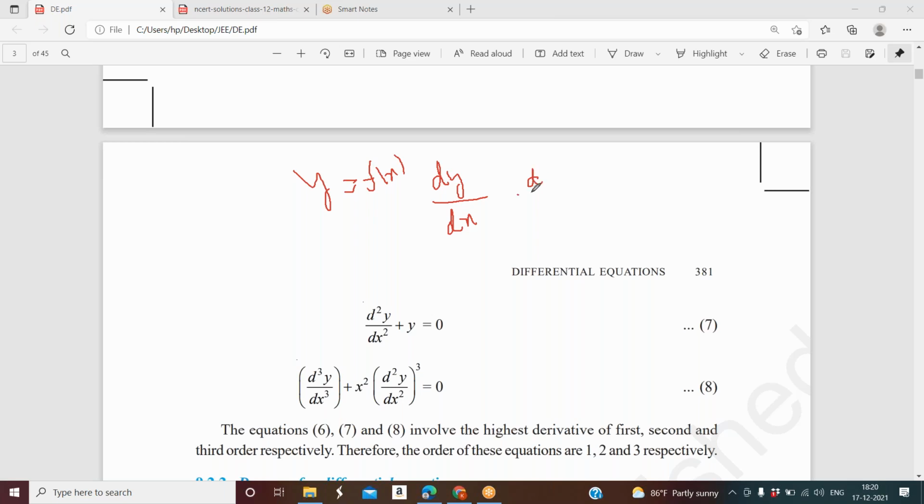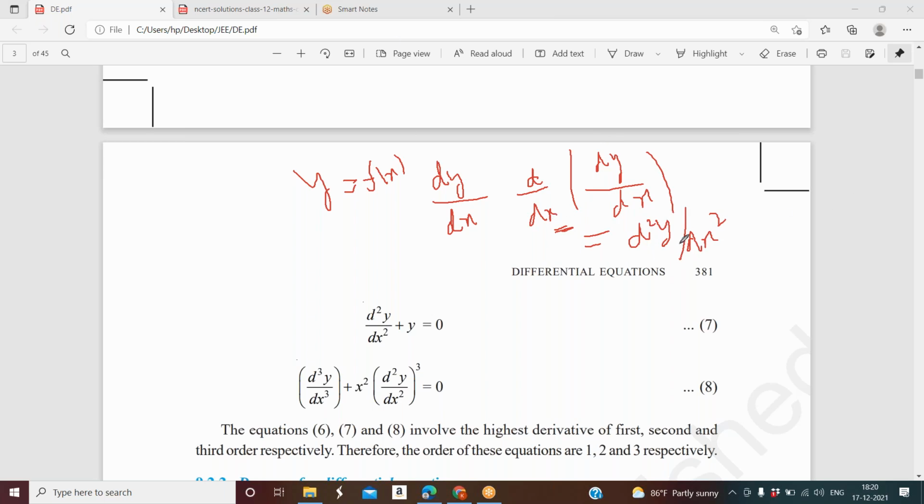If I differentiate one more time, I am differentiating dy by dx with respect to x one more time. Then what will I get?